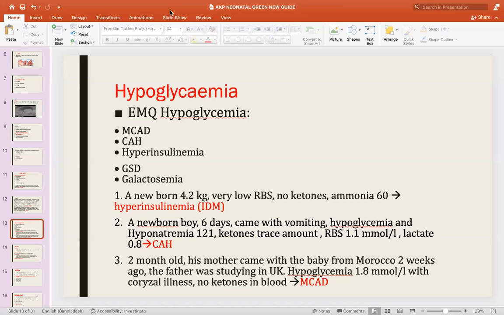Okay, will a newborn girl with CAH present early, or a newborn boy with CAH? Who can tell me? The newborn girl will present early because of ambiguous genitalia. Very good. A newborn girl will present at day 1 because she has ambiguous genitalia.